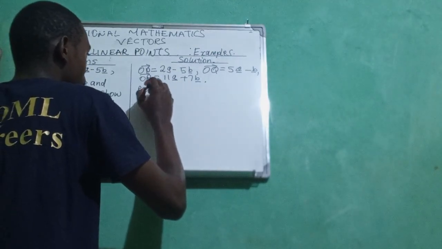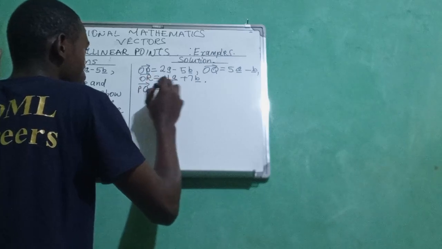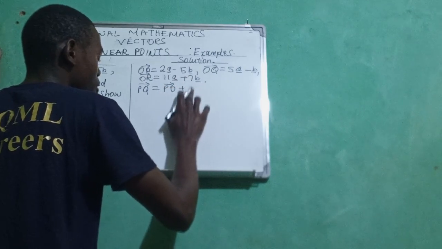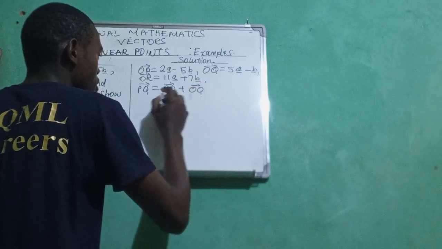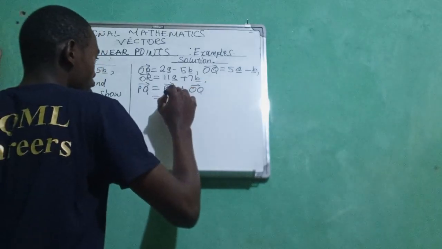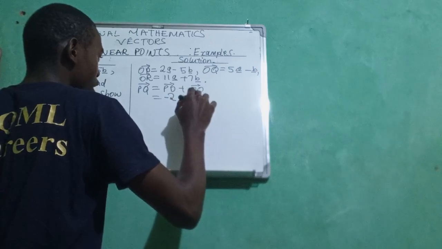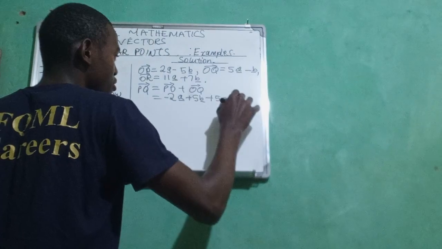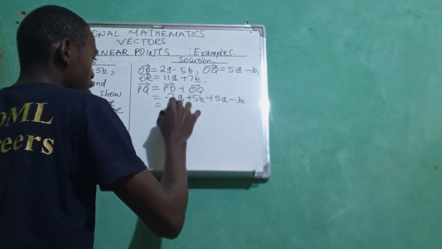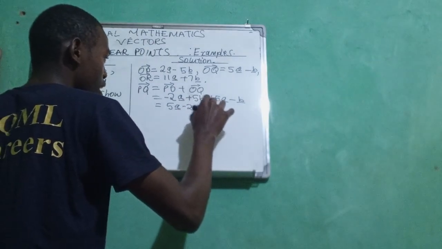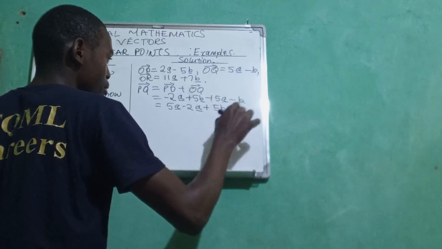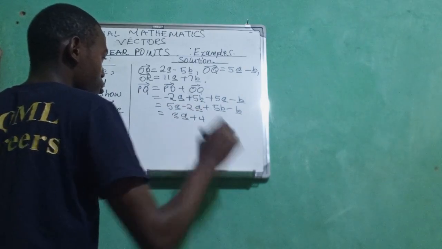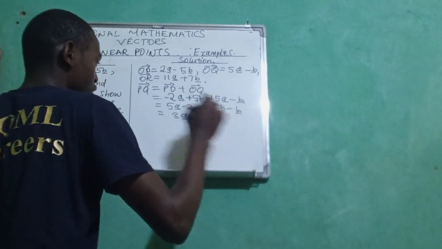Let's find PQ. PQ will be equal to PO plus OQ, which is equal to PO, minus 2 of vector A plus 5 of vector B. OQ is plus 5 of vector A minus vector B. We group like terms together: 5 of vector A minus 2 of vector A, plus 5 of vector B minus vector B, which is equal to 3 of vector A plus 4 of vector B. That's our PQ.